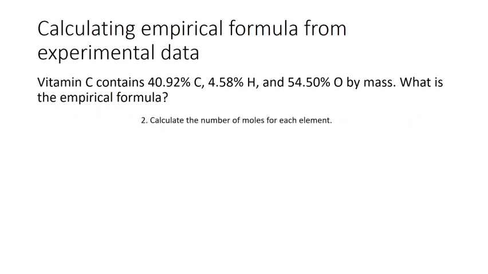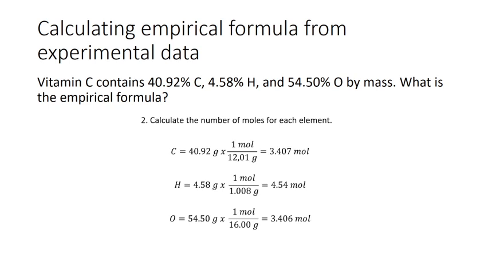Step number two, we're going to calculate the number of moles for each element. That's a really simple calculation, if you remember from our dimensional analysis and stoichiometry: we just divide the mass that's there by the molecular mass, and we convert it to moles.